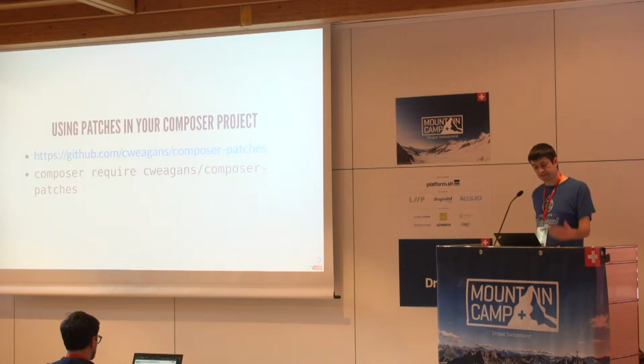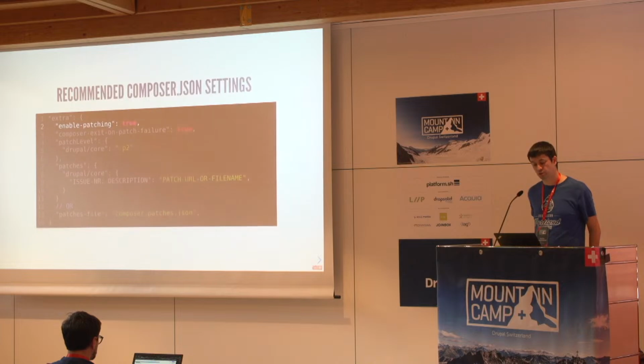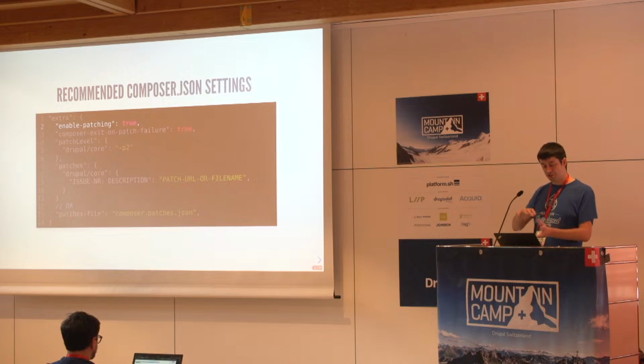You just require it like any other project, and then you make a few changes to your composer.json file. The first one, I think, is self-explaining. You enable the process. I think if you have patches in the top level, you don't even need this, but it also supports patches from dependencies, and then you think you need it.